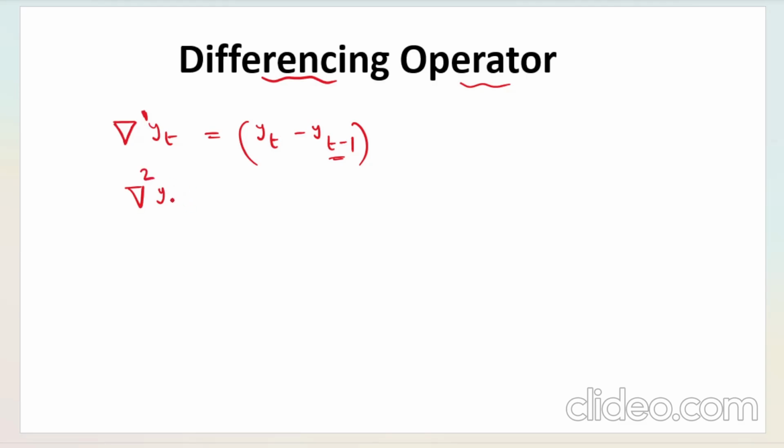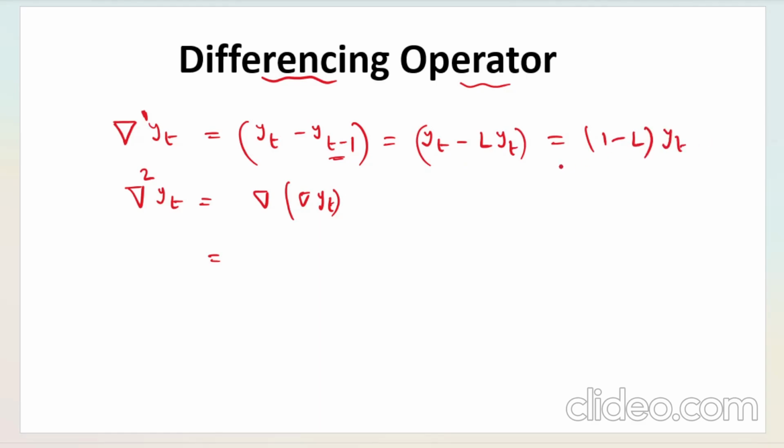So what will happen if I say delta square yt? Delta square yt is nothing but delta times delta yt, right? Now understand something. What can you write this as? You can write this using the lag operator of yt. So this will be simply 1 minus L into yt, right?